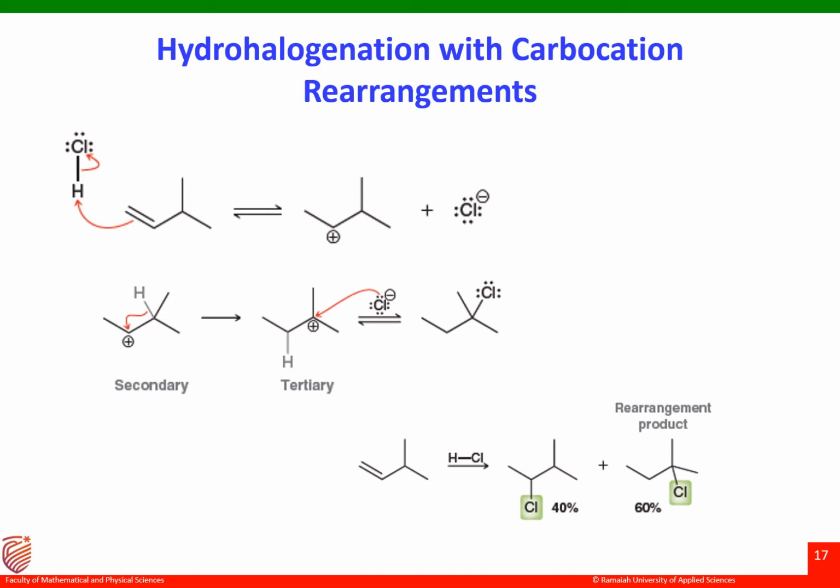So you can see that you are getting mixtures again, 40% of 1-chloro and 60% of 2-chloro. Which one is the more substituted product? Obviously the second one, and that is a rearranged product because we obtain it only after rearranging a secondary carbocation to a tertiary carbocation. Therefore, it is the more stable product that is going to be obtained.